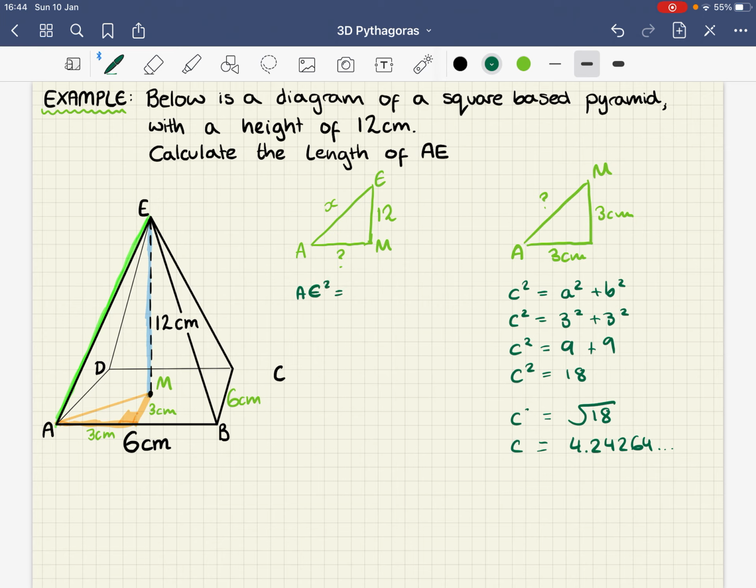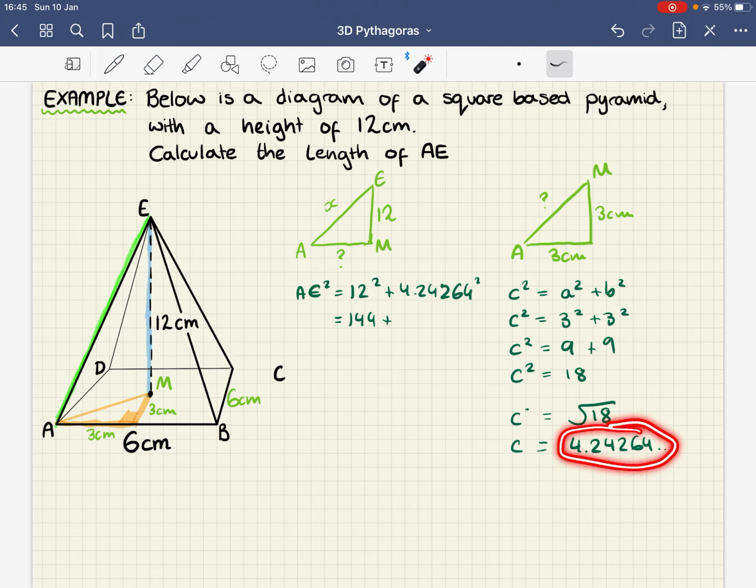So then going to my end goal triangle, I want to find out what A to E squared is. So that's going to be that 12 squared plus the 4.24264 squared. 12 squared is 144. And remember, we got this value here by square rooting 18. So that means when I square it, it is just going to be 18.